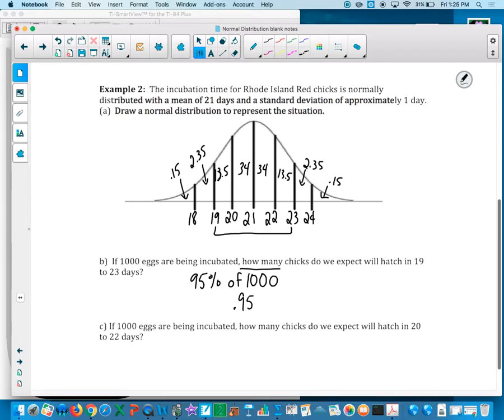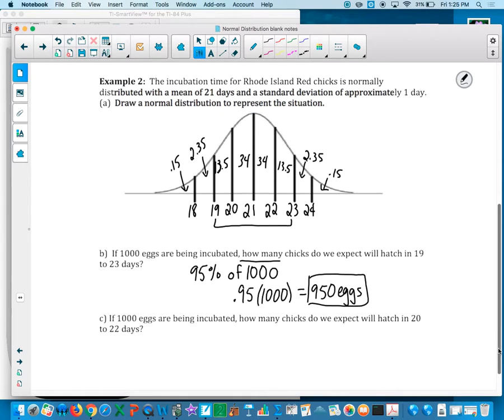So if you switch it into probability, which is 0.95, and then multiply by the 1,000, you get the amount of eggs that will probably hatch in that time. And these are all probabilities and estimations, so that's an approximate number, not necessarily exact.